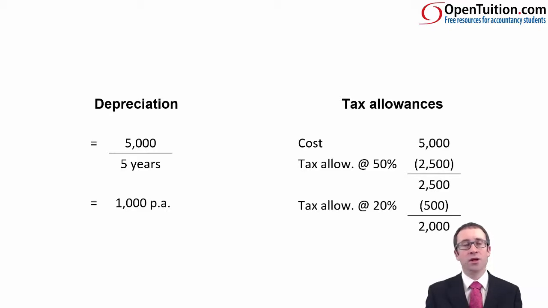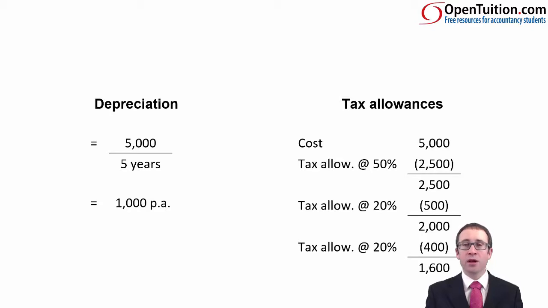But what we need to use in our tax computation are the tax allowances of 2,500 and 500. To work it out for the third year, you're probably there already. You may have done it yourself. We take 20% of the 2,000. That gives me 400 as your tax allowance and a tax carrying value of 1,600.